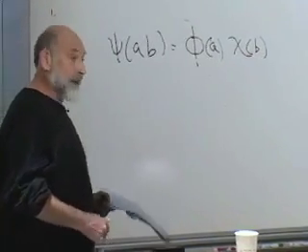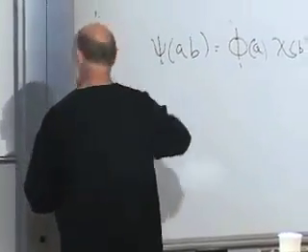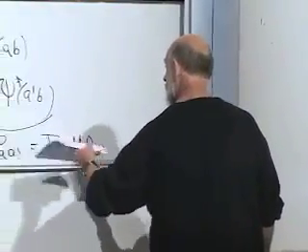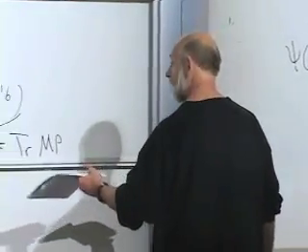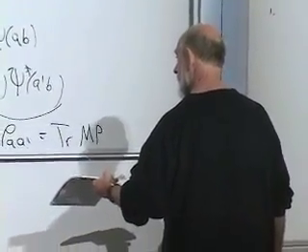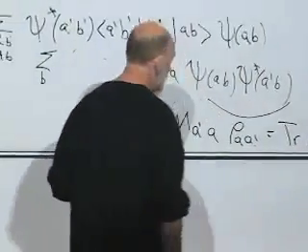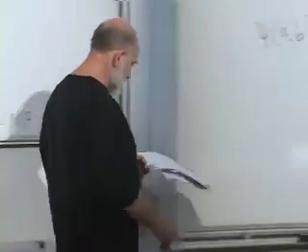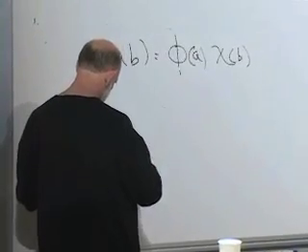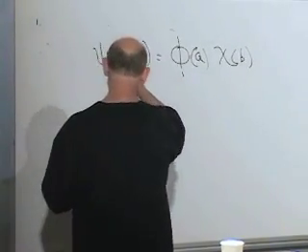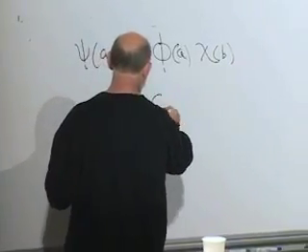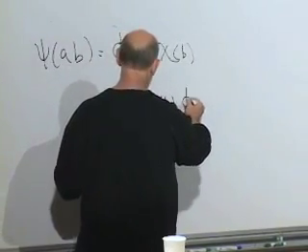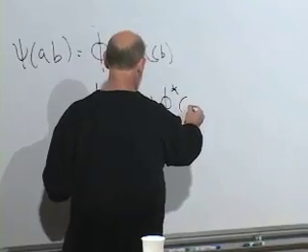then let's calculate the density matrix itself. The density matrix for the A subsystem. For the A subsystem, we have to multiply psi of A and B times psi star. So we have to take psi of A and B times psi star of A and B. That's phi of A chi of B times phi star of A prime.